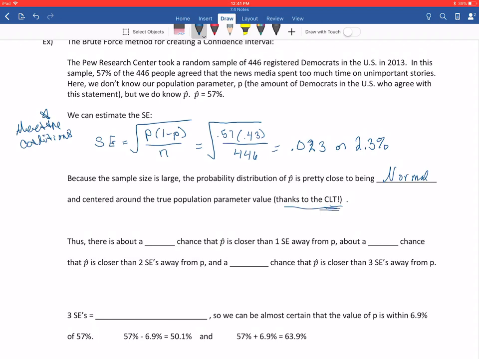The empirical rule applies to normal distributions, and it says that there's a 68% chance that P hat is closer than one standard error away from P, that there's about a 95% chance that it's within two standard errors, and that it's about 99.7% chance that it's within 3. So within 1 is 68, within 2 standard errors away is 95, and within 3 away is that 99.7.